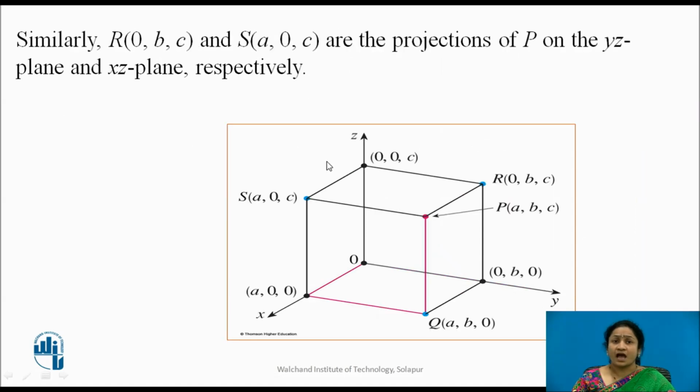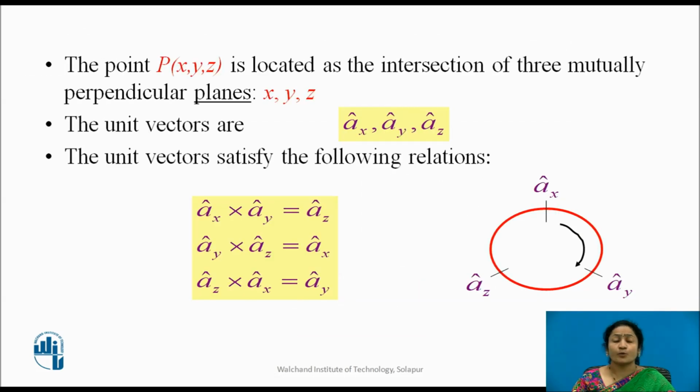Similarly, R and S are the projections of the point P in the yz and xz planes respectively. The point P, represented by the rectangular coordinates x, y, z, is located as the intersection of the three mutually perpendicular planes x, y and z.